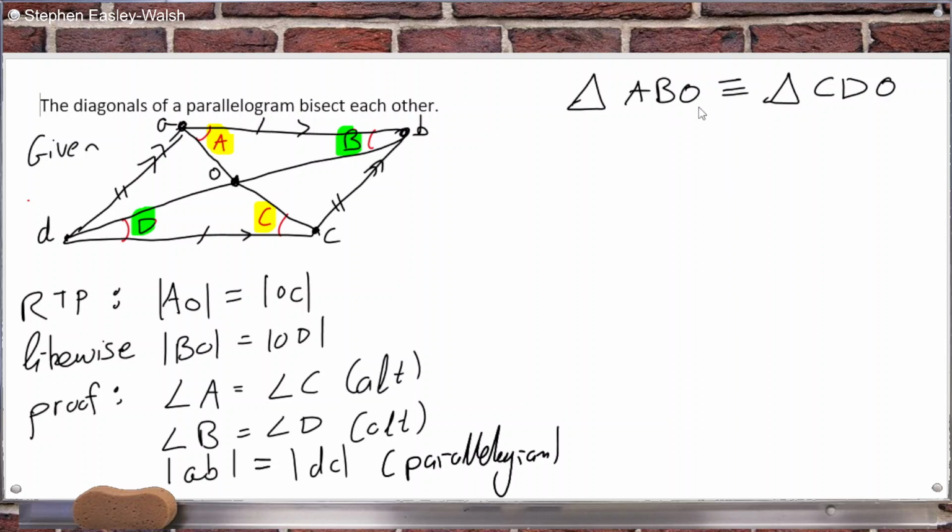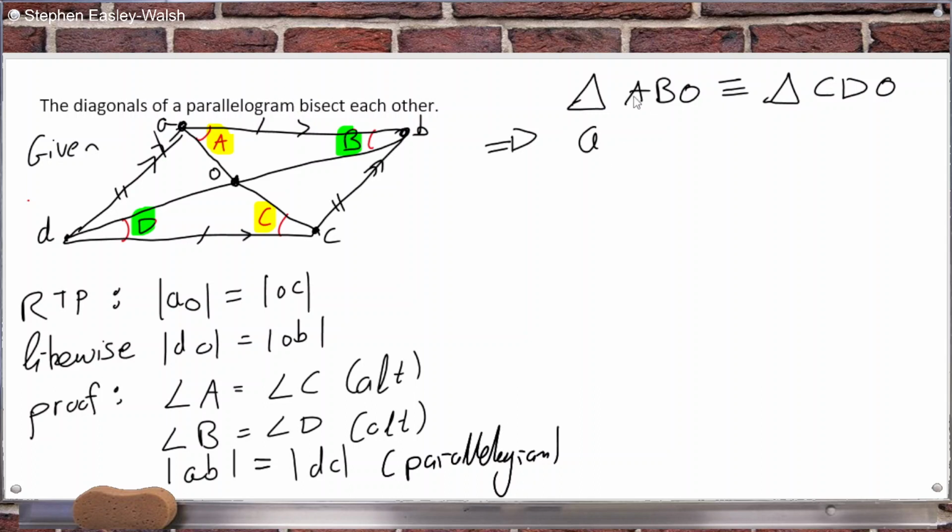So if they're congruent triangles, then what that means is the length, and actually I realized when I changed my uppercase to lowercase, I never did it in my required to prove. So let me just fix that now. AO is the same as OC, and then DO is the same as OB.